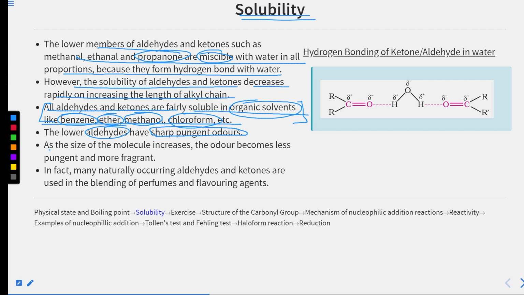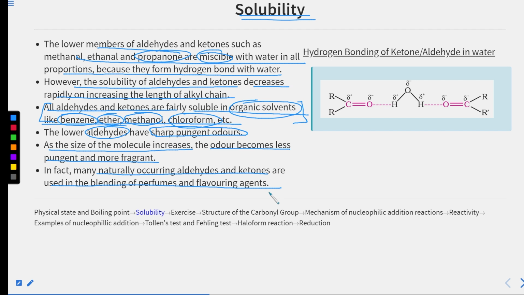Now as the size of the molecule increases, the odor becomes less pungent and more fragrant. In fact, many naturally occurring aldehydes and ketones are used in the blending of perfumes and flavoring reagents.